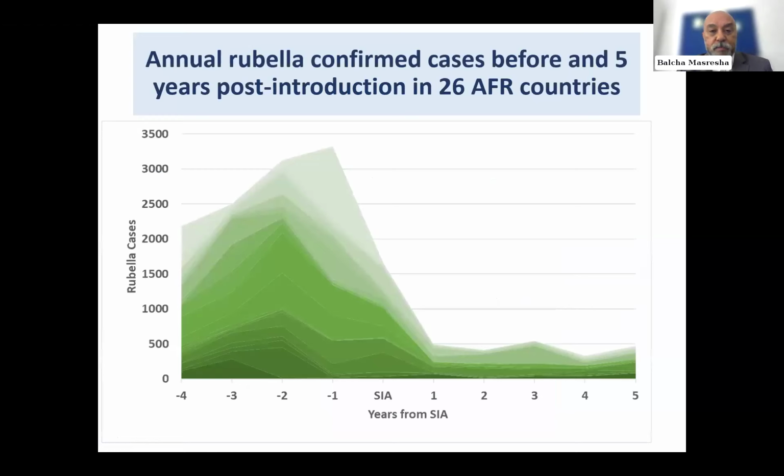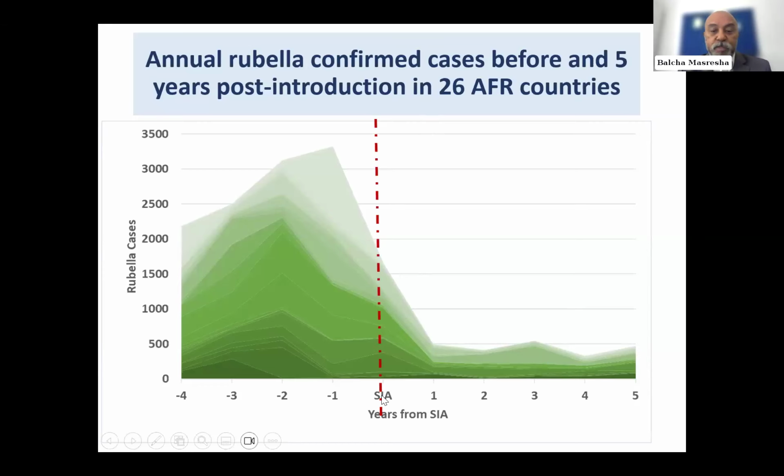So in this chart, I'm trying to show how the reported number of rubella cases changed post-introduction in 26 countries where rubella vaccine introduction took place at least 5 years earlier. So these are countries where rubella vaccine was introduced in a mass campaign setting with Gavi support by 2018.